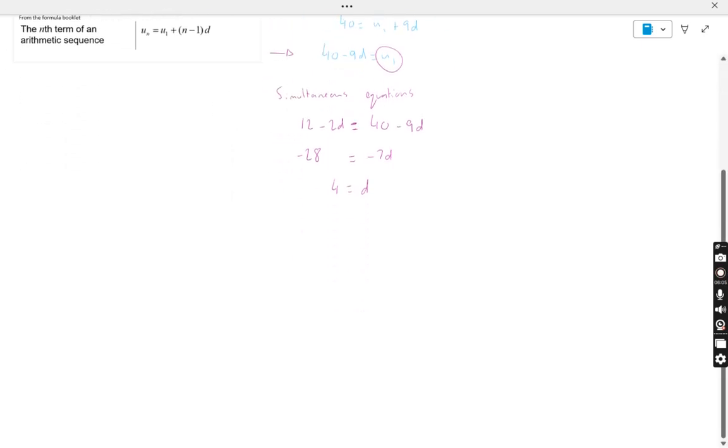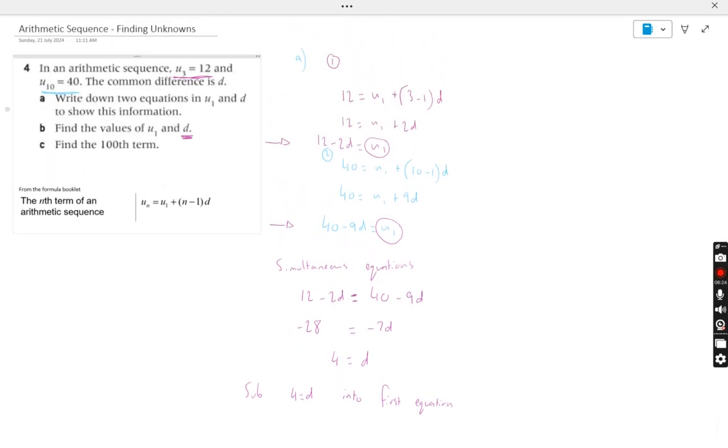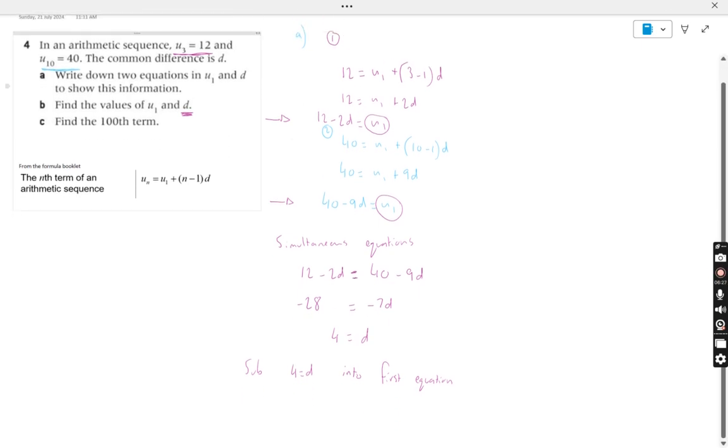Okay, coming back up to the question, we've just found D, but we haven't found U1 yet. So now let's sub D equals 4 into the first equation, and the first equation that I'm talking about is the one right at the top. The 12 minus 2D equals U1.